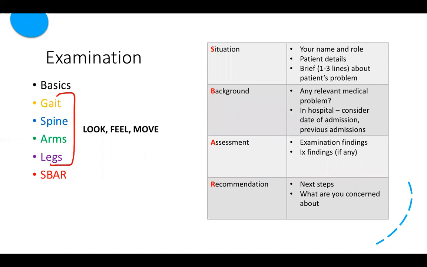Then you want to go into the background. Do they have any other problems? Have they been in hospital before? And is their previous admission relevant to the presentation they're coming with? Your assessment, examination, investigation findings, if there are any, and the recommendation. What are your next steps? What are you concerned about?